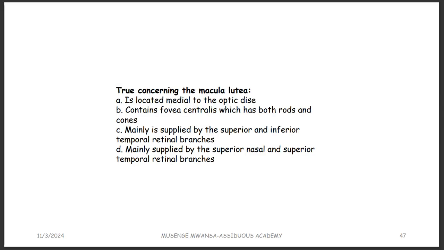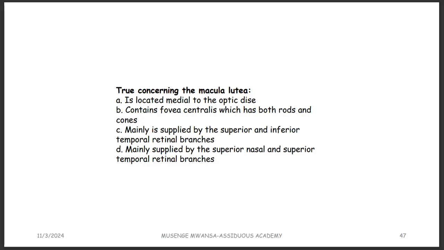True concerning the macula lutea. Is located medial to the optic disc, contains fovea centralis, which has both rods and cones. Mainly is supplied by the superior and inferior temporal retinal branches. Mainly supplied by the superior nasal and superior temporal retinal branches.